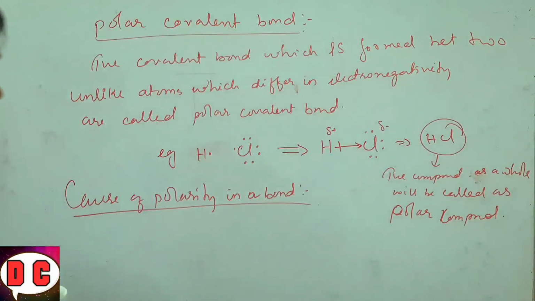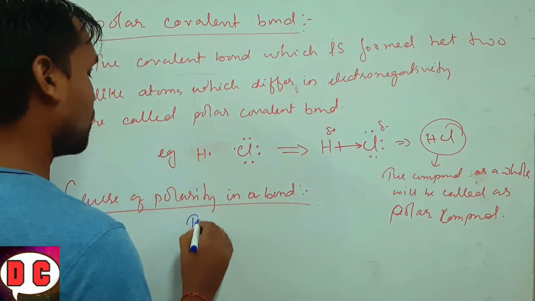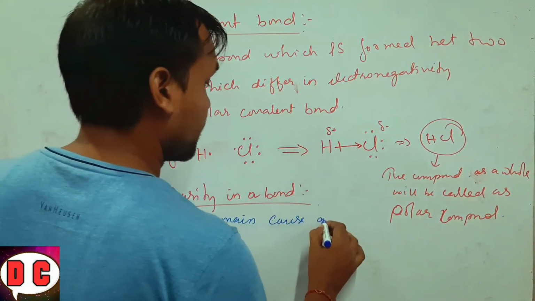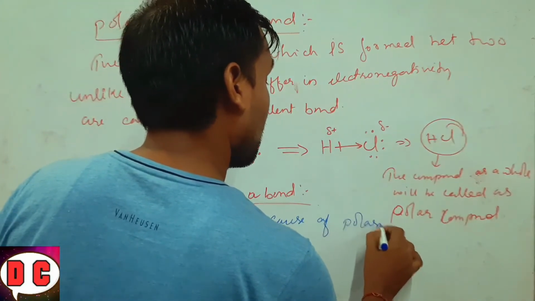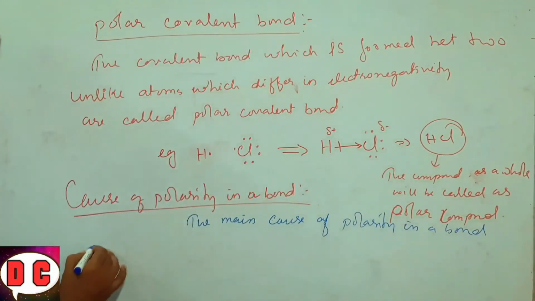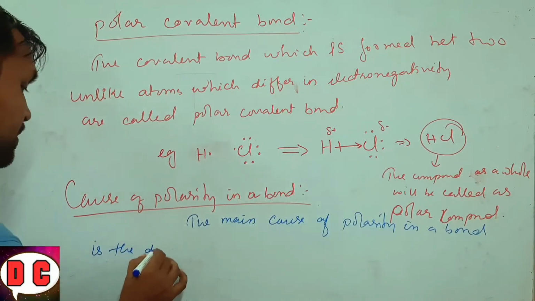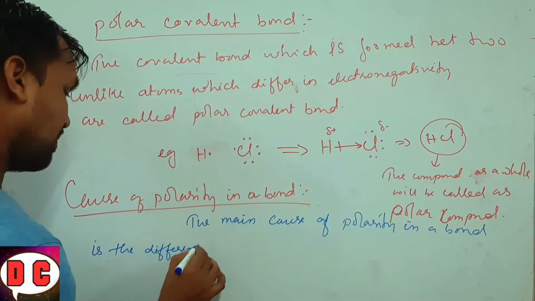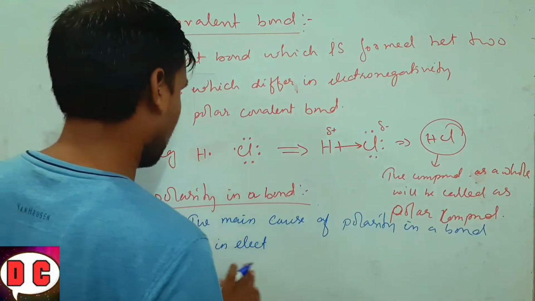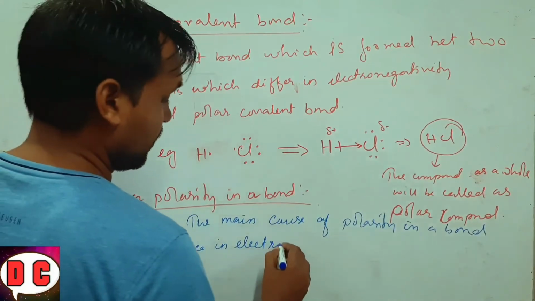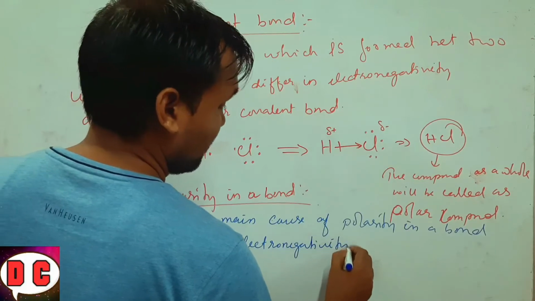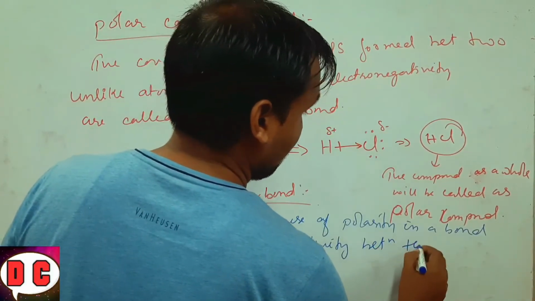The main cause of polarity in a bond is the difference in electronegativity between the bonding atoms.